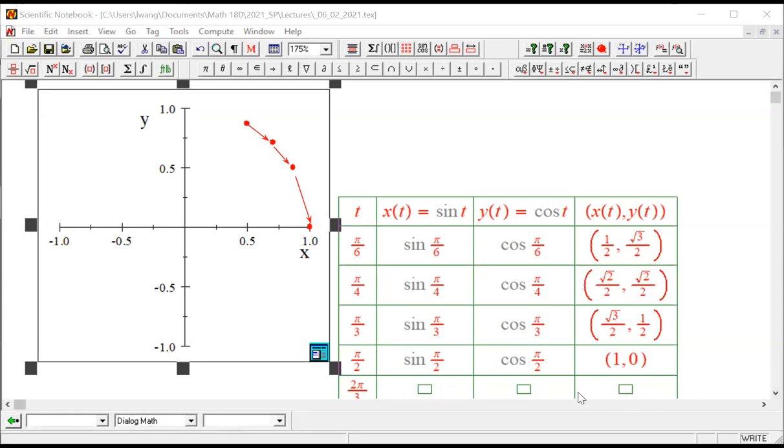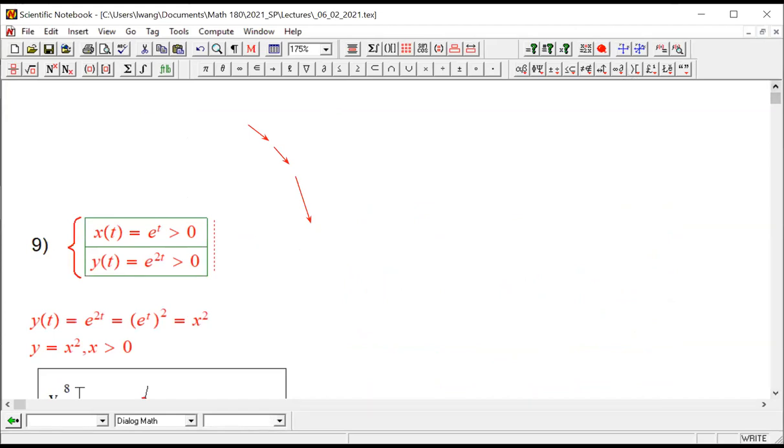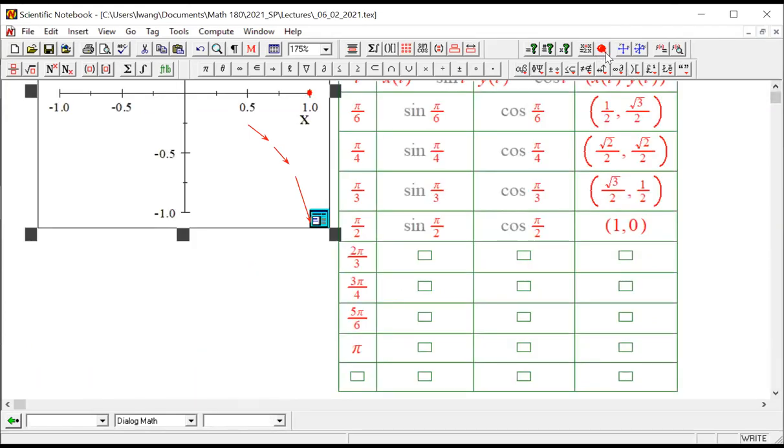So it's a sense of direction. Parametric. Okay, so that's parametric. So let's complete all of these.